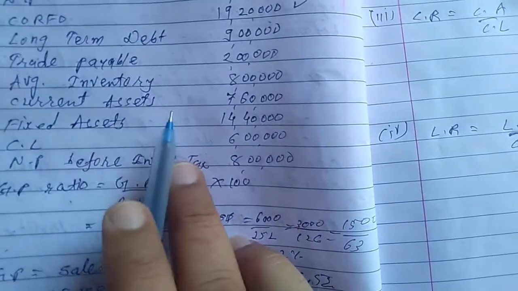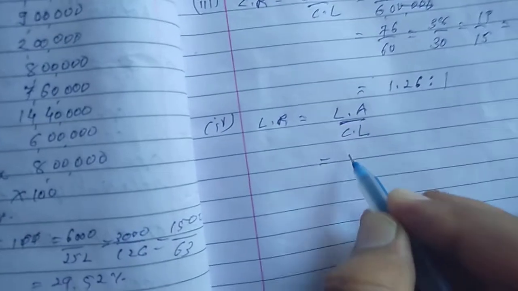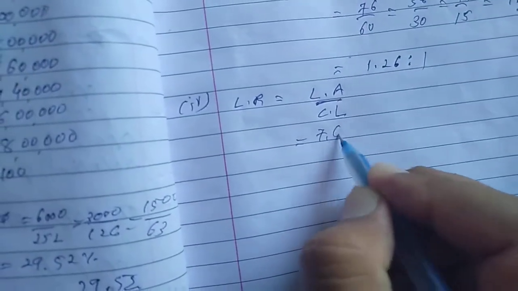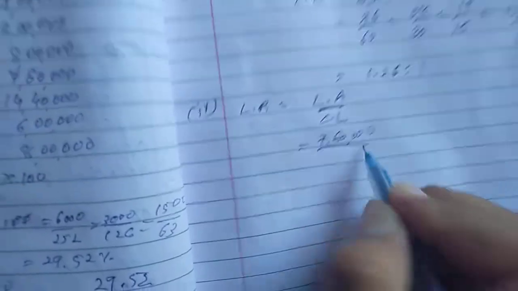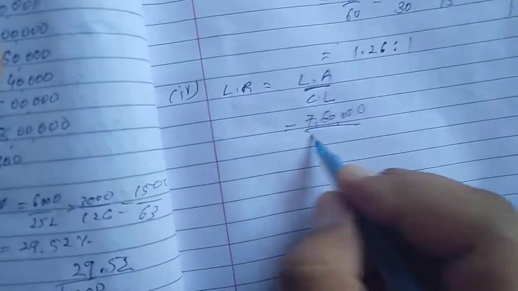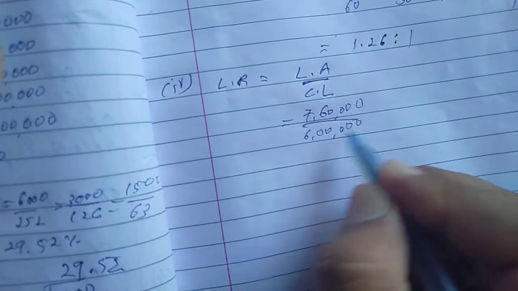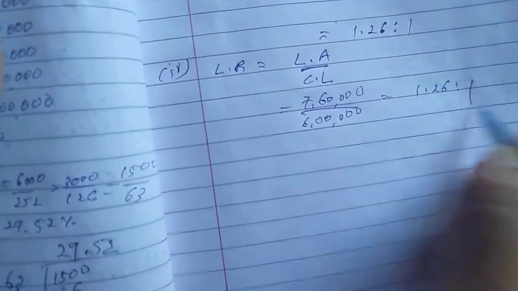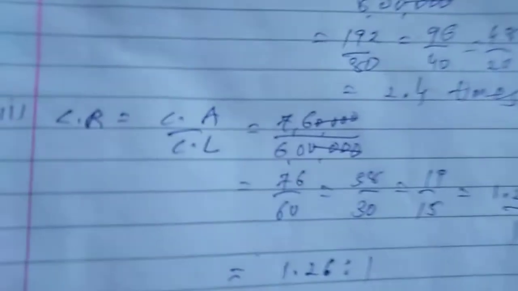So we write this amount only as liquid asset, 7,60,000, and current liability is the same, 6 lakh. So 7,60,000 upon 6 lakh. The answer will be the same, 1.26 is to 1, so no need to calculate again. That is the liquid ratio.